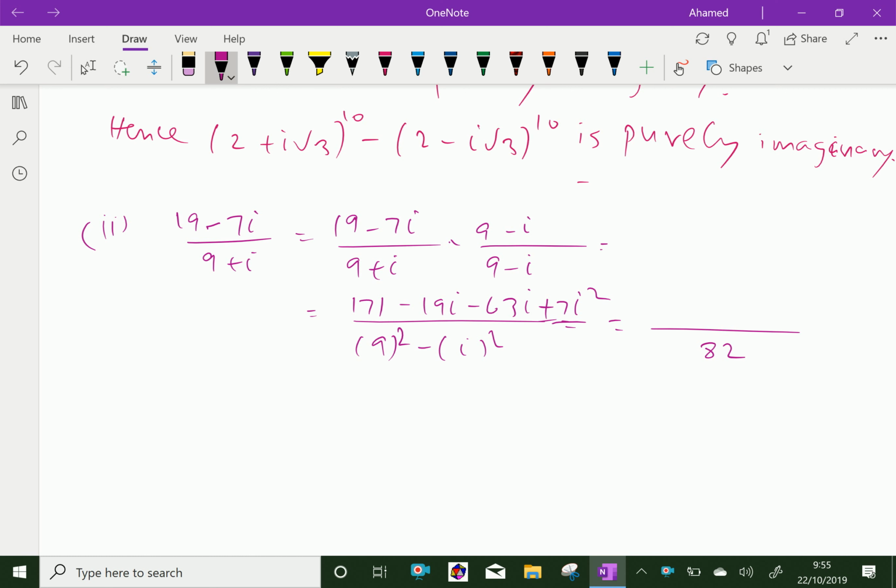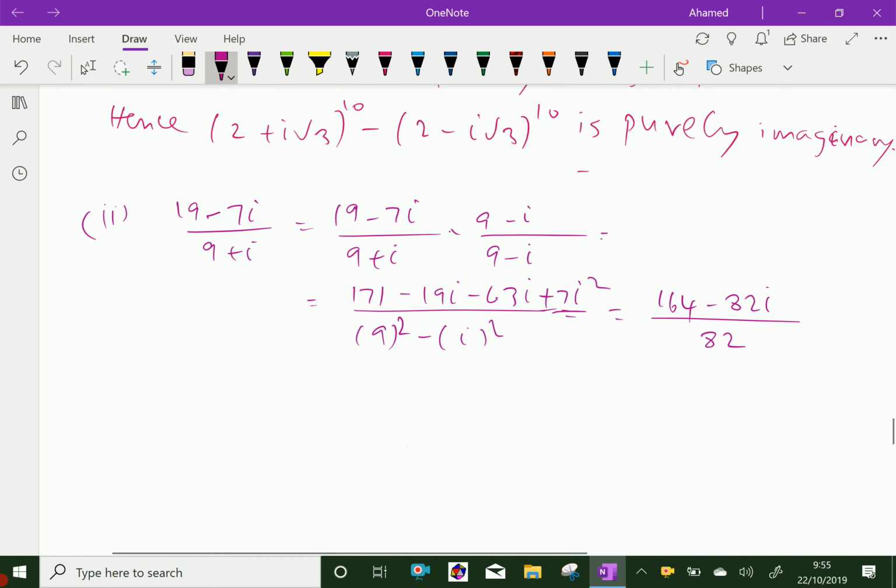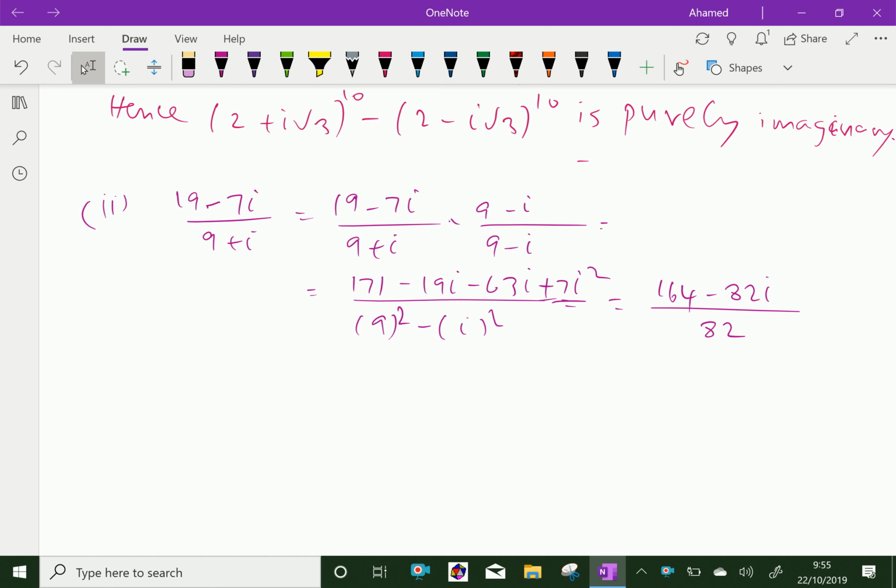Top is 7i squared, which is minus 7, so 171 minus 7 is 164, and 19i minus 63i is minus 82i. So this is the first one.